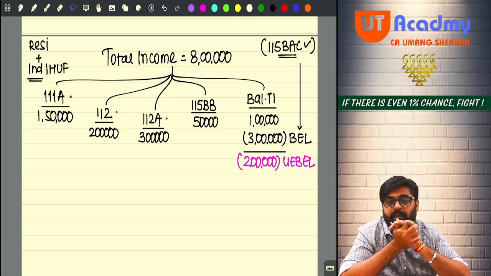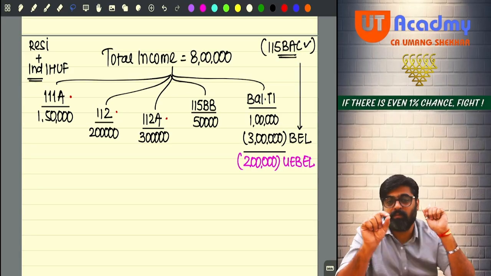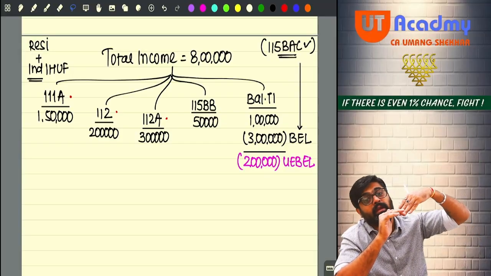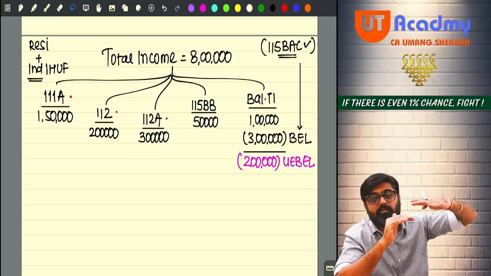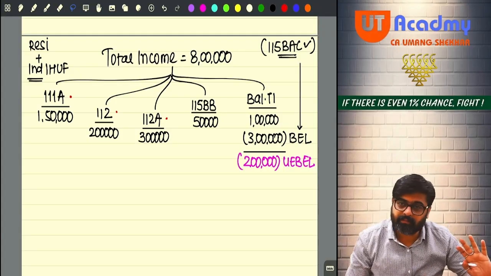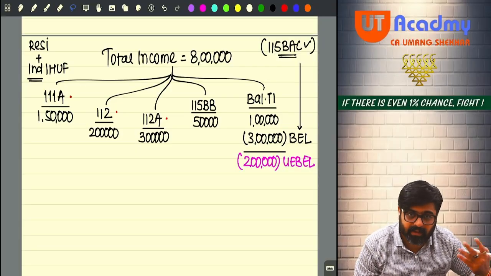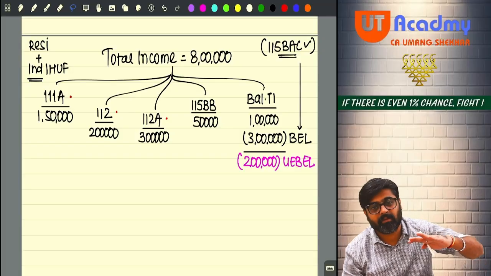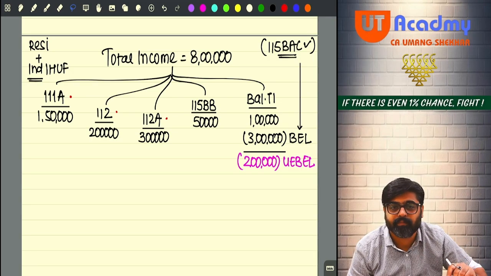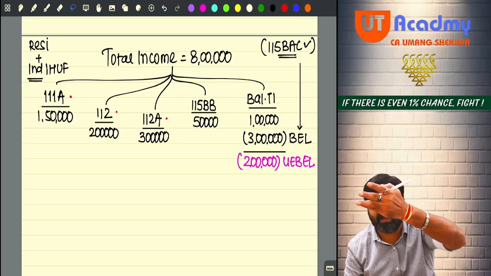Now tell me, if given the chance, against which income you would like to adjust it first? The income which is having the highest rate of tax or the income which is having the lowest rate of tax? Definitely, sir, the income which is having higher tax rate, against that only I will set off.